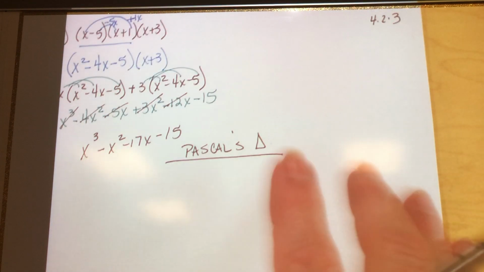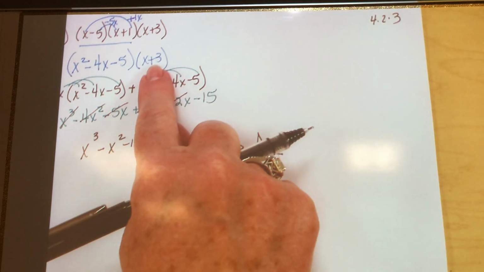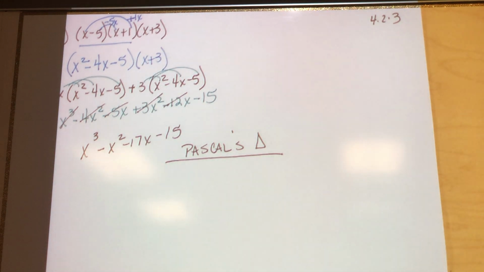Like if you had x plus 3 to the 6th power, would you want to multiply x plus 3 times x plus 3 and get x squared plus 6x plus 9, and then multiply that by x plus 3 and collect all your like terms, again and again? No. So he figured out a way you could do it really, really fast.